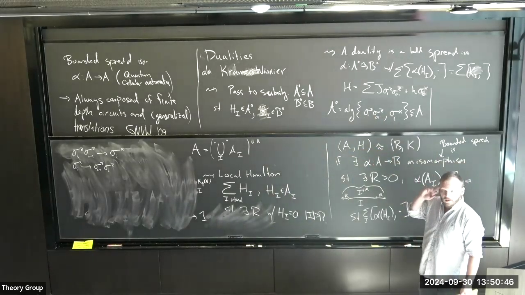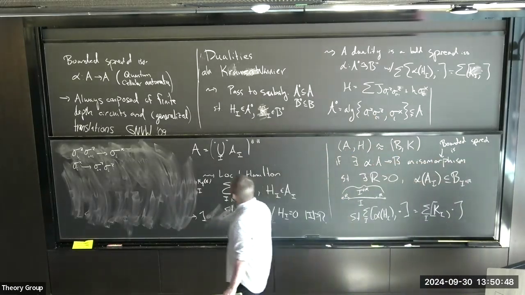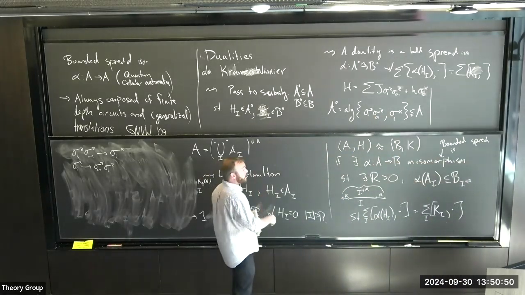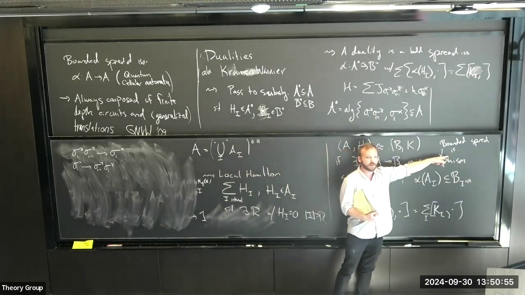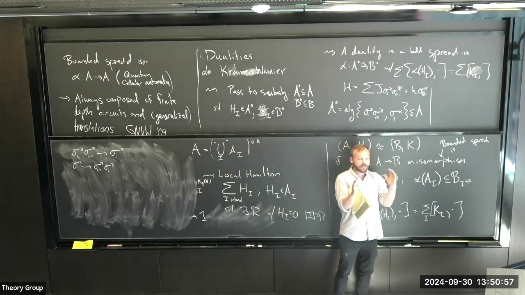Is it okay that this map is non-local for a single sigma z? So it's actually a bounded spread isomorphism, so it's local in this sense. It'll take the operators in A0 that are localized in an interval to operators that are localized in an interval one step larger.